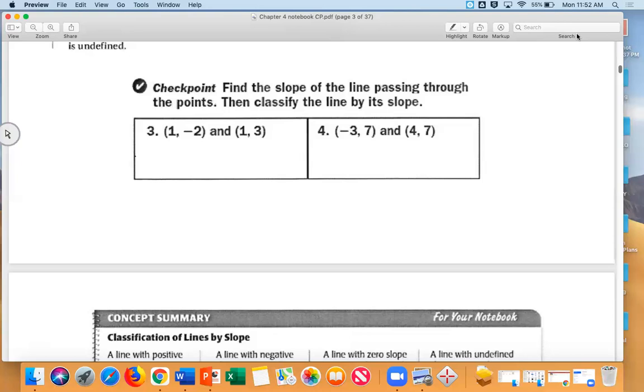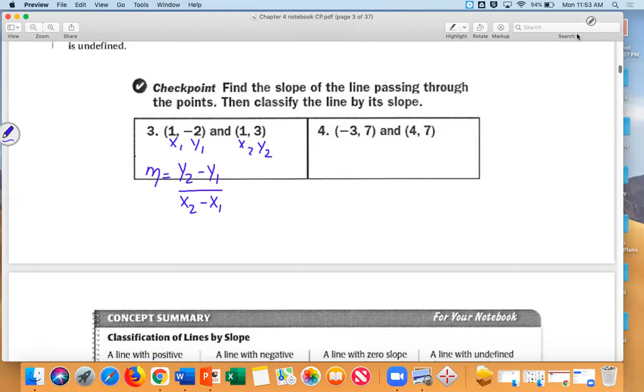All right, that should have been enough time. So number 3. Okay, I'm going to label my points x1, y1, x2, y2. Then I'm going to write my formula, which is m equals y2 minus y1 over x2 minus x1.